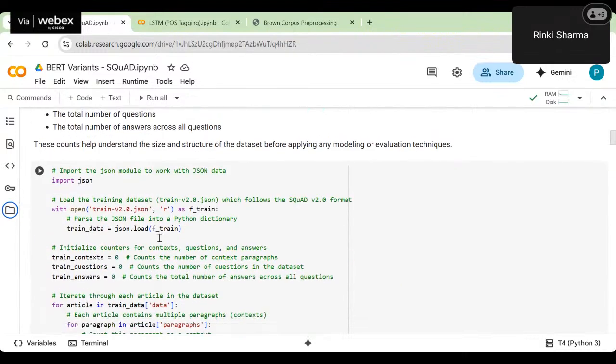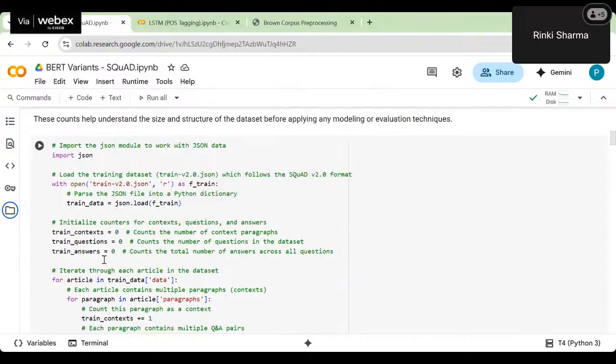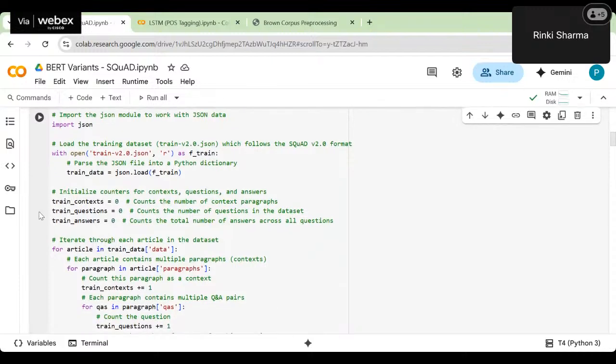In this code, we load our training dataset. And after loading the training dataset, as I have already told you, the dataset contains context, the question based on the context, and the answers, if the answers are extracted from the given context, or otherwise the answer is given as blank, that is the unanswerable question. So we start by defining our context in the training dataset as train context, the question in the training dataset as train questions, and likewise the answers.